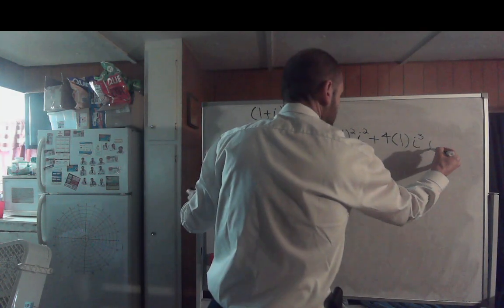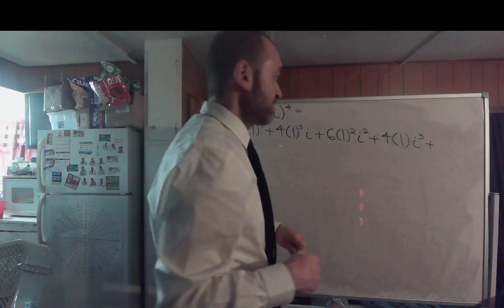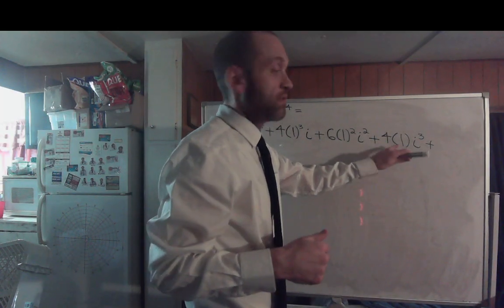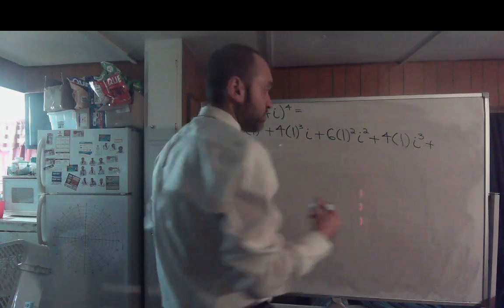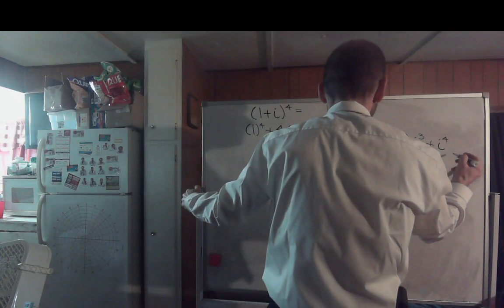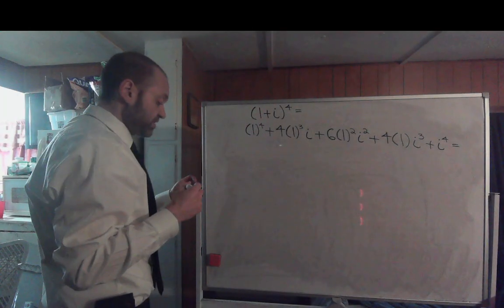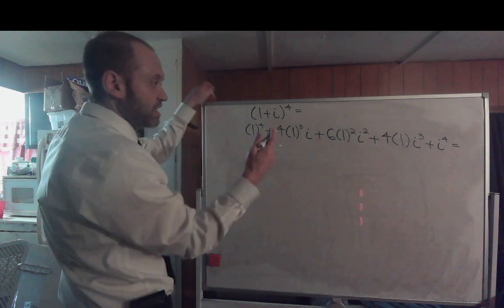Plus, for the final term, I take that 1 power times my coefficient of 4. That gives me 4 divided by 4 is 1, times 1 to the 0 is also 1. This would just be plus i to the 4th. Alright, well, here's the thing though. It would almost look like we're done, but let's just simplify this.